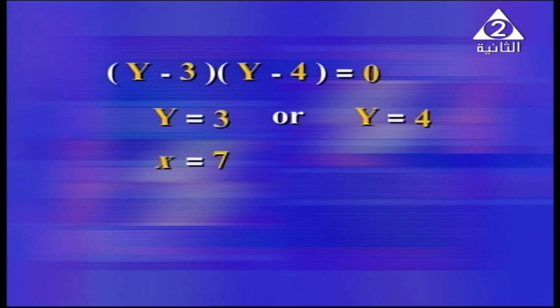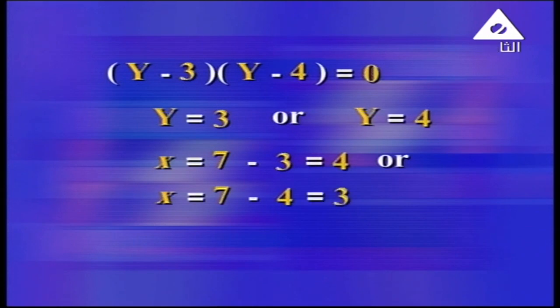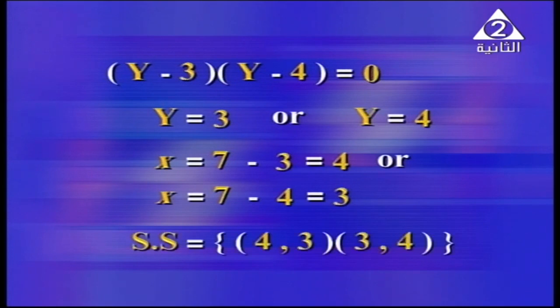Yes, x will be 7 minus 3, which is equal to 4, or x equals 7 minus 4 to obtain a result of 3. In this case, we can say that the solution set of this equation is when x is 4, its y is 3, and when x is 3, its y is 4. Let us have another example.